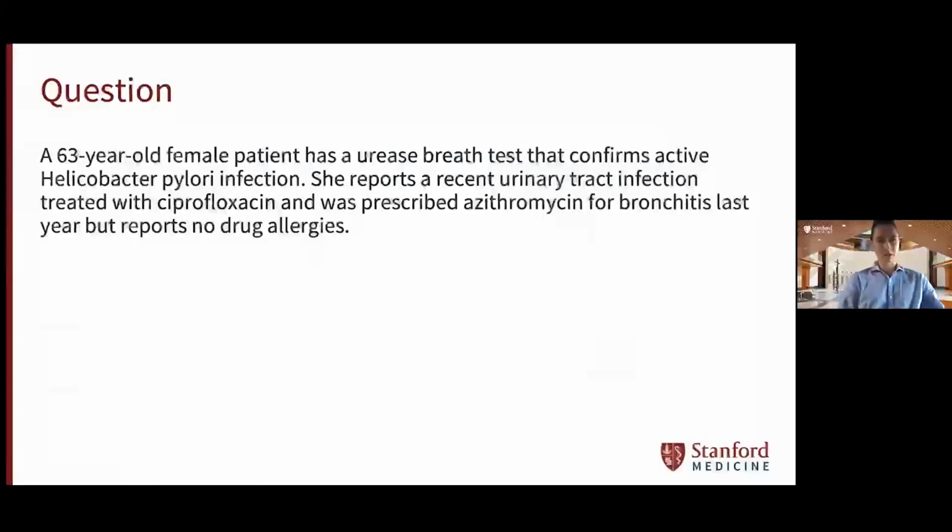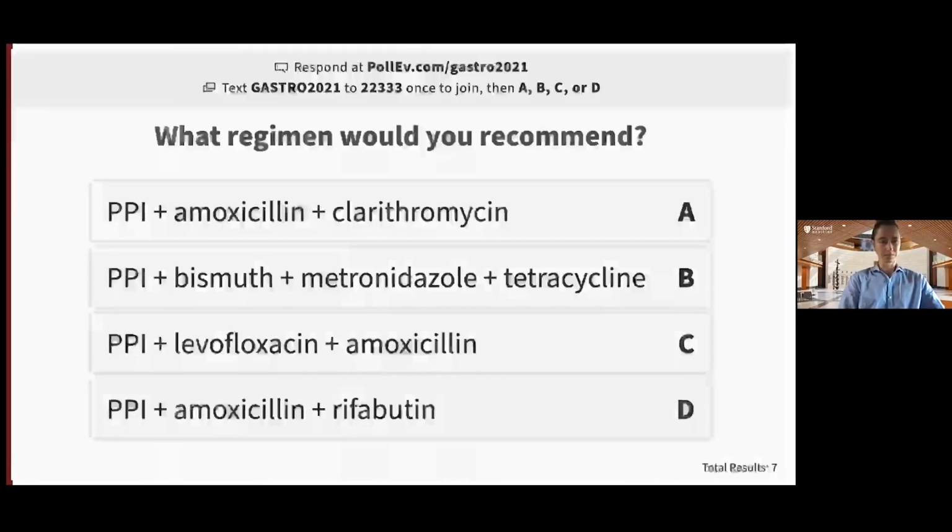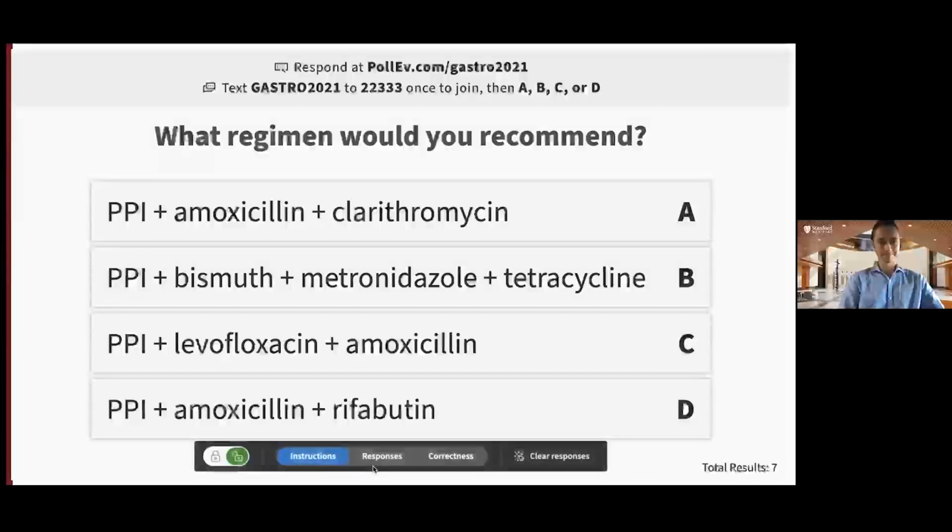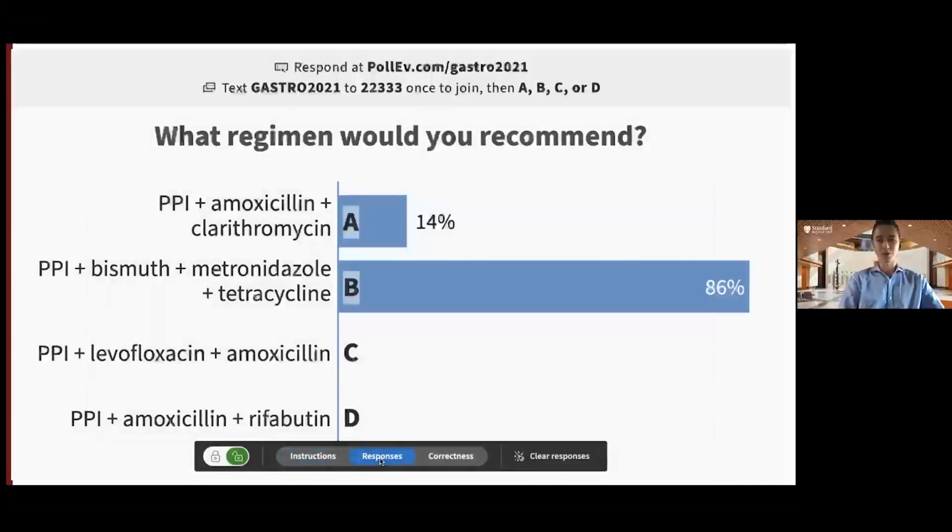I don't think we need to stay on the question. We can go straight to the responses. This is a patient who's already been exposed to a couple of antibiotics in the last year, and they're asking us which is the most appropriate antibiotic therapy for H. pylori.